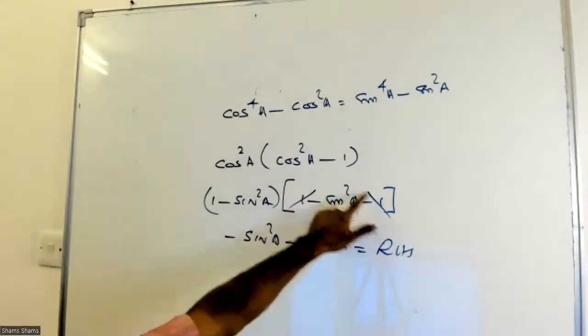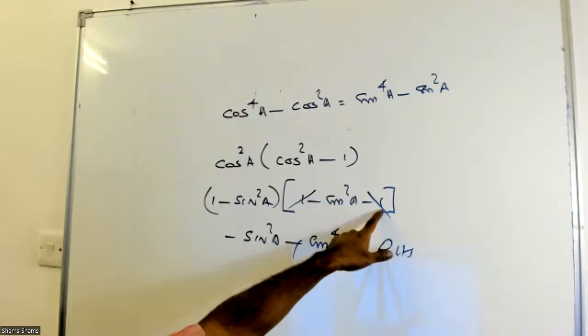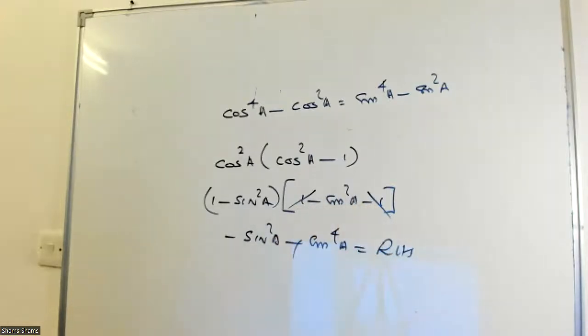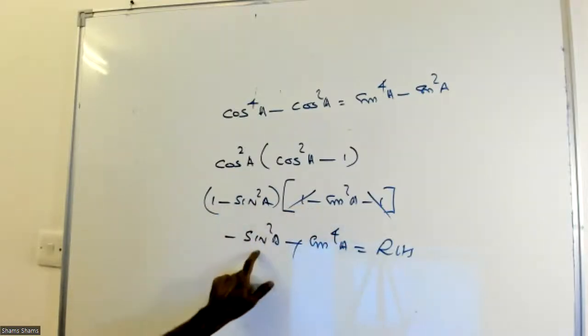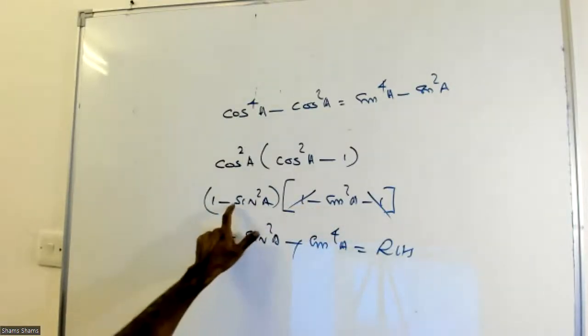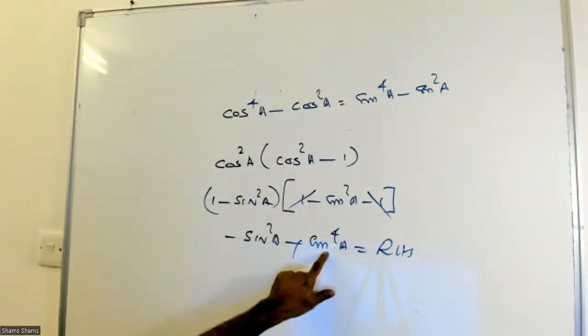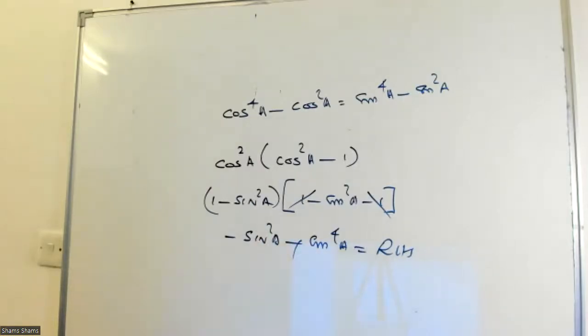Yes. Minus 1 here. So this plus 1 minus 1 cancel. Okay. Then 1 into minus sin square a, minus sin square a, minus sin square a into minus sin square a gives sin raised to 4. Oh wait, you're substituting. I just multiplied. Okay, sir.